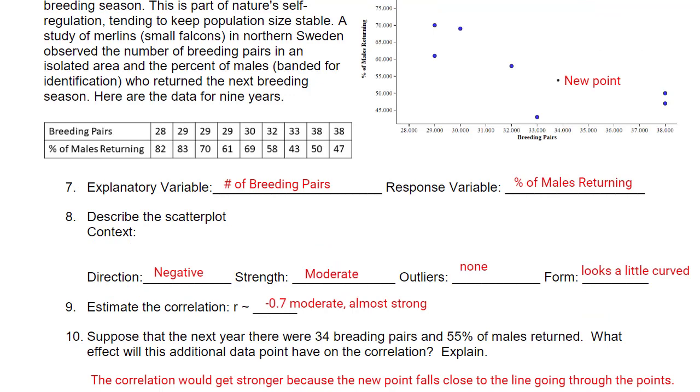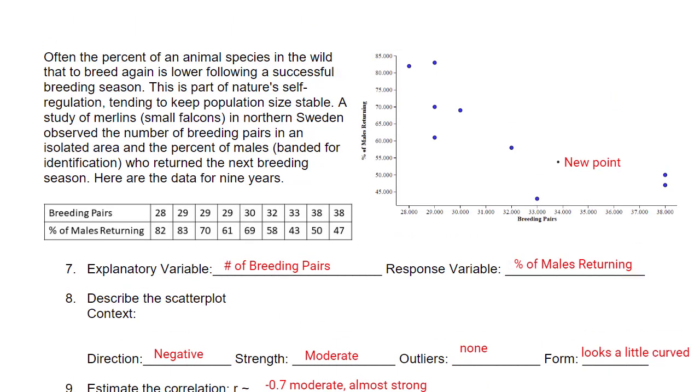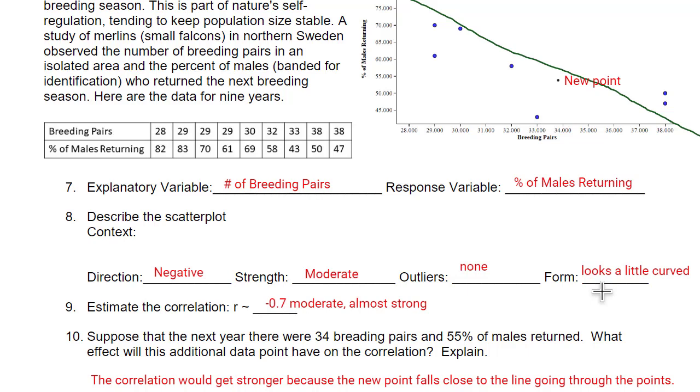So is the relationship stronger or not? I would say that it actually looks more linear now because that's kind of tempering things. And I can promise you the correlation did improve. It became more negative. That doesn't mean it became weaker. It just became stronger and more negative. So it does become stronger because the new point falls close to the line that would be going through the points.